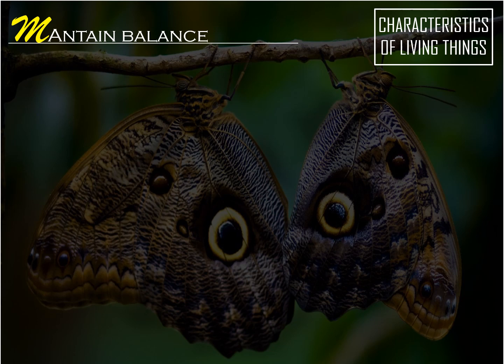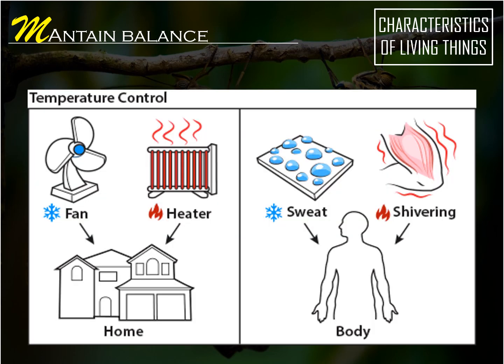While in hot climates, organisms have methods such as perspiration in humans that help them shed excess body heat. From the picture, we can see that when the temperature drops, the heater turns on, and when the temperature gets too hot, the air conditioner turns on.